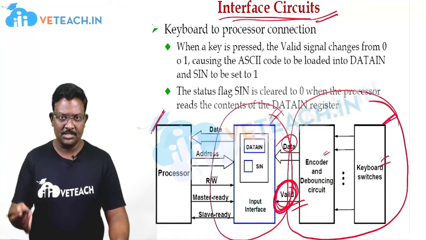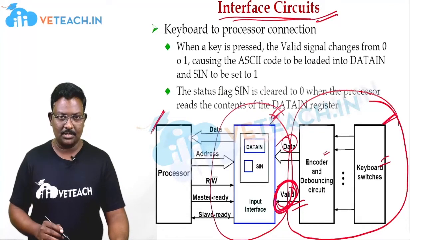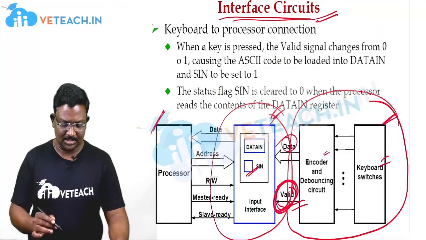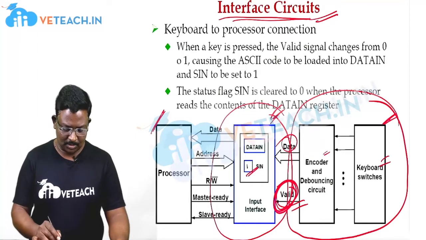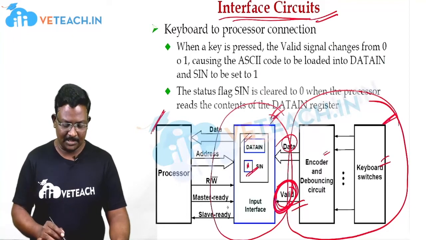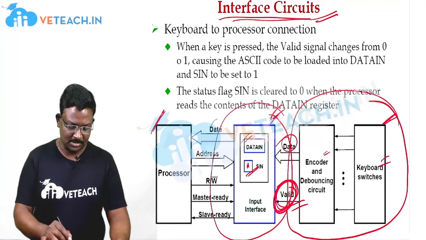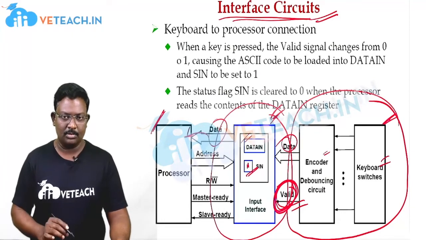If it is valid data, only then do we send it to the interface circuit. Now in the interface circuit, the processor checks the SIN flag. If it is 1, it transfers the data present in the data in register onto the data bus, and from the data bus the data is transferred to the processor.